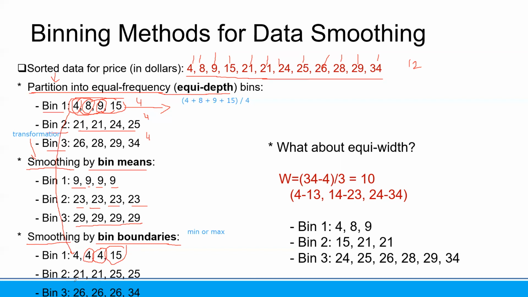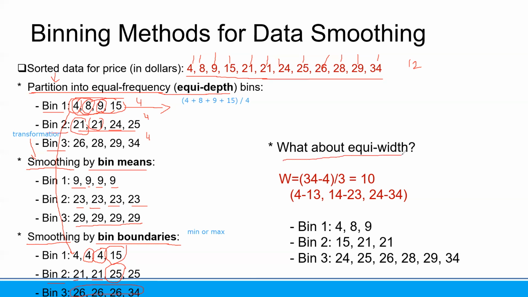Let's see bin number 2. 21, 21, because those numbers are the minimum, we can just put 21, 21. What about 24? 24 is nearby the maximum, so we use 25 for smoothing. And so on, we have bin number 3 like this one. So this is the smoothing by bin boundaries.